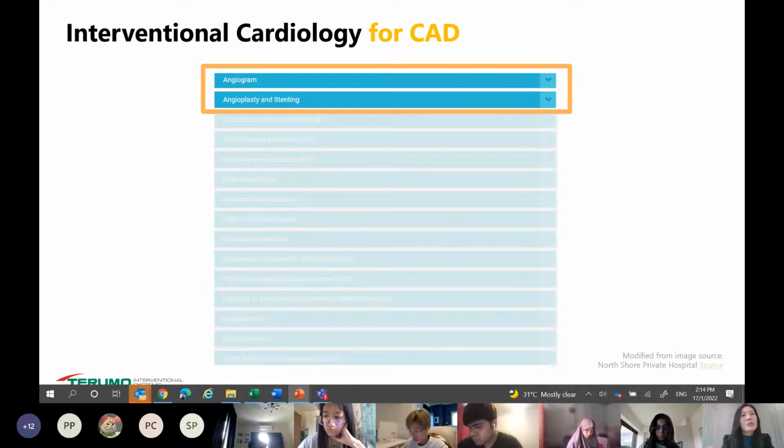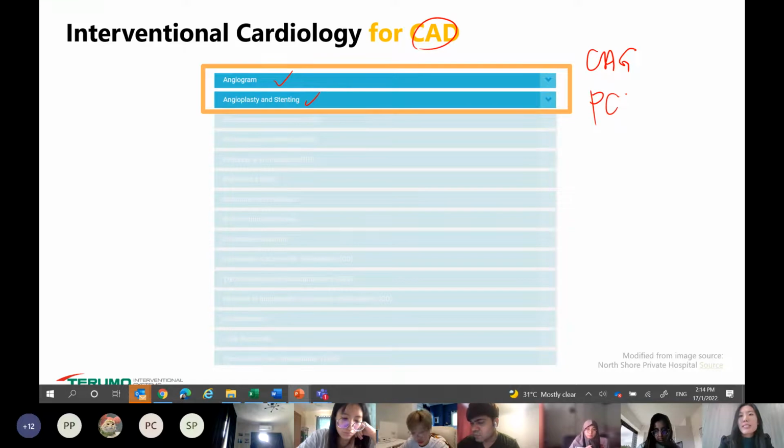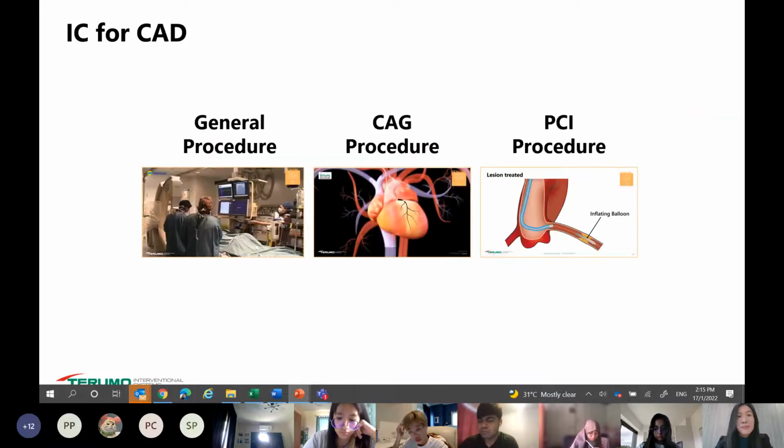But what we would like to focus on today is relating to coronary artery disease, which is relating to angiogram, also known as CAG, coronary angiogram, and also angioplasty and stenting, which we always term PCI, percutaneous coronary intervention. So this is our focus for this session.